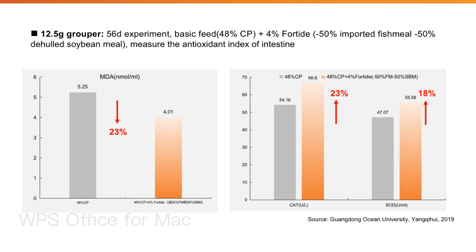And we got a similar result in the study of grouper. After using Fortide, it can significantly reduce the content of MDA, increase the activity of antioxidant enzymes, and improve the antioxidant capacity of the intestine.